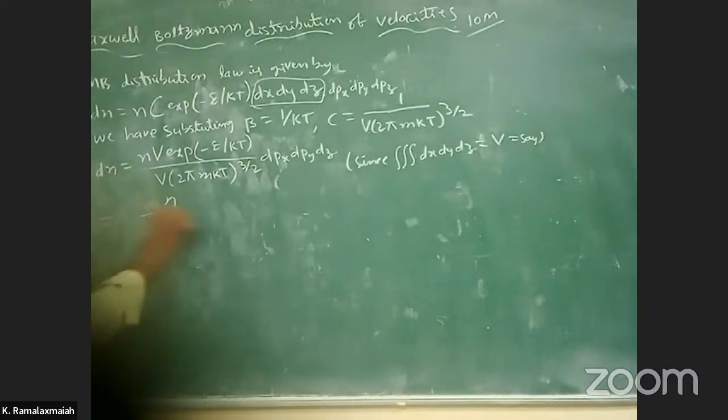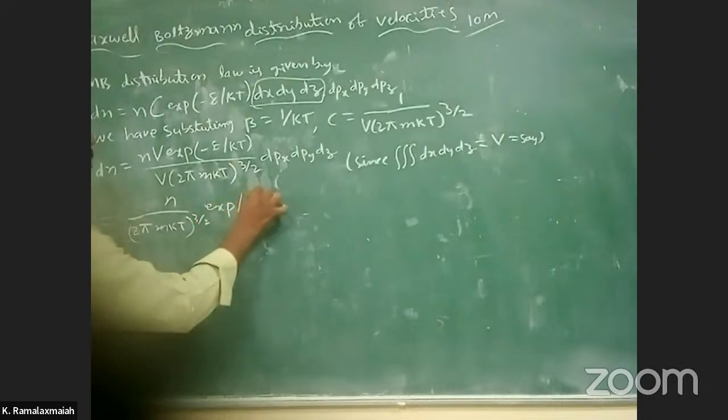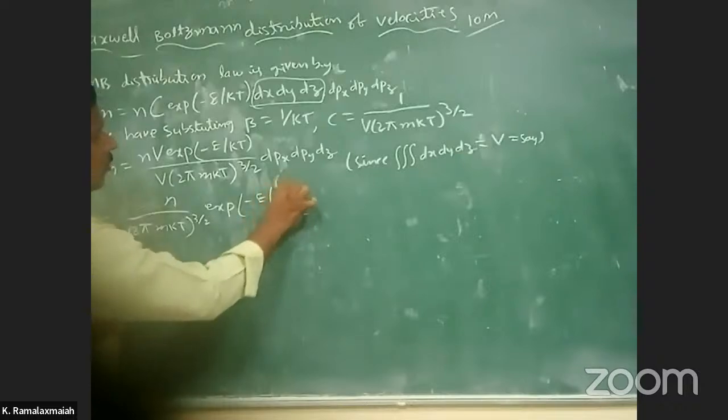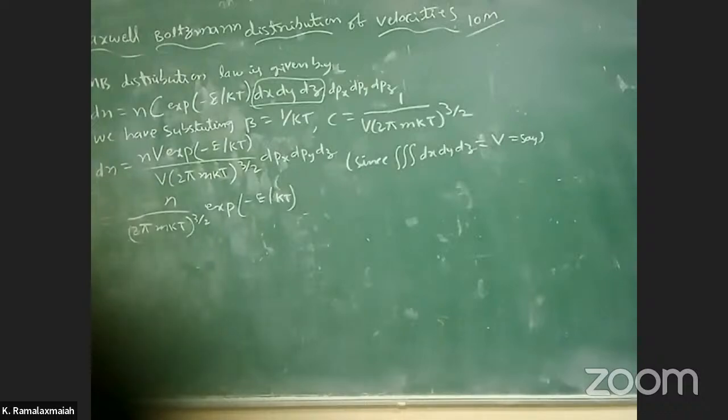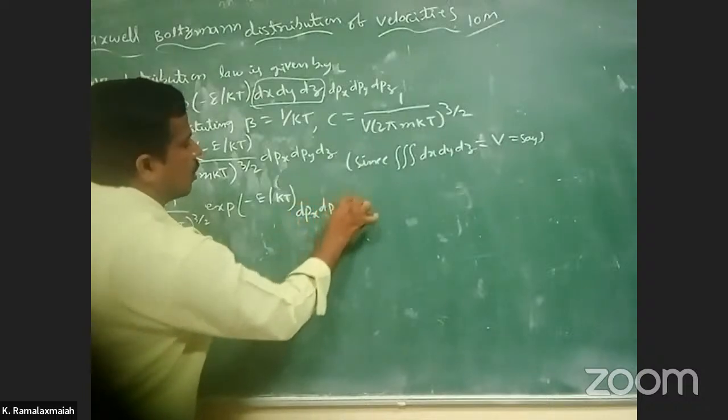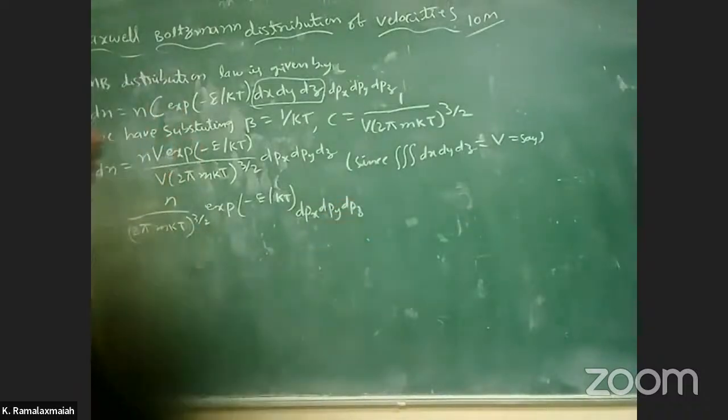Similarly, n by (m by 2πkT) to the power of 3 by 2, exponential of minus E by kT, dpx, dpy, dpz.